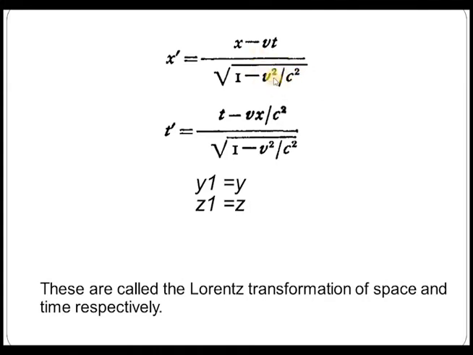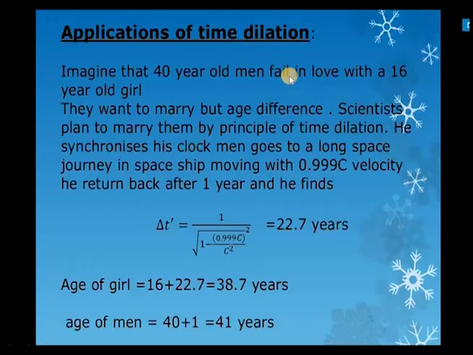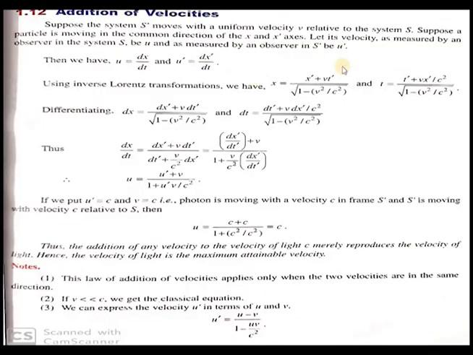Minus v into minus will be plus v itself, but here minus v into minus v becomes plus v in the inverse transformation case. So what we will get is x is equal to x prime plus vt prime divided by root of 1 minus v square by c square, and t is equal to t prime plus vx prime by c square divided by root of 1 minus v square by c square.